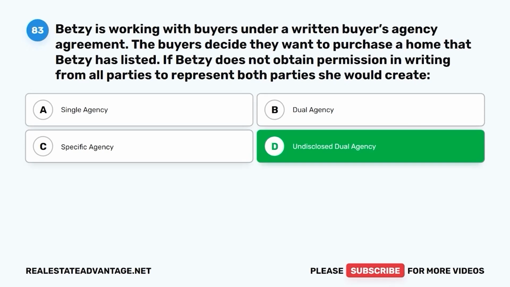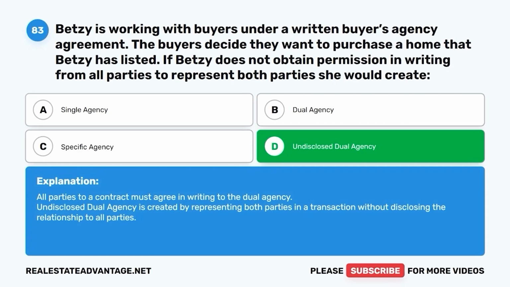The correct answer is D, undisclosed dual agency. All parties to a contract must agree in writing to the dual agency. Undisclosed dual agency is created by representing both parties in a transaction without disclosing the relationship to all parties.